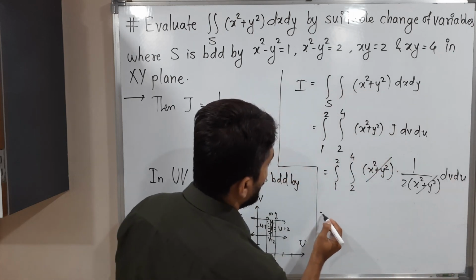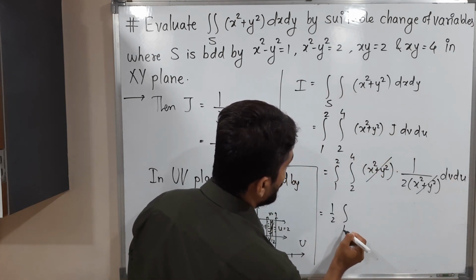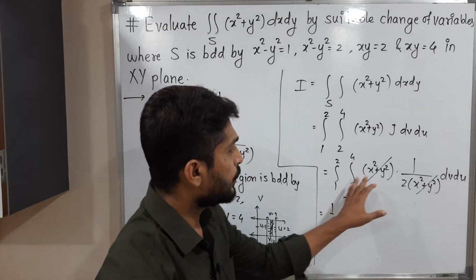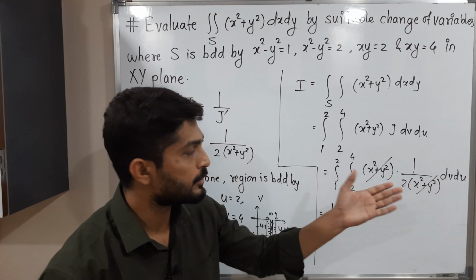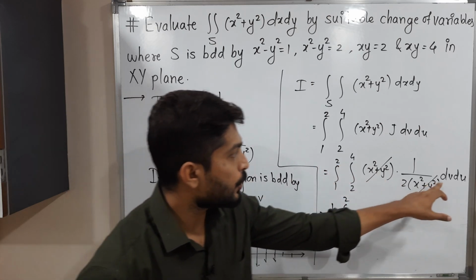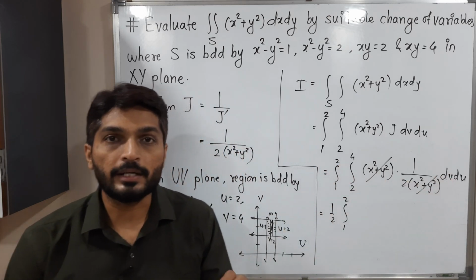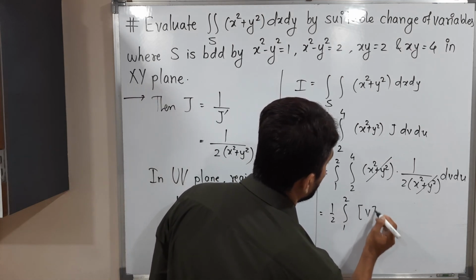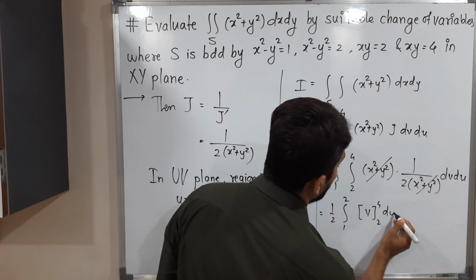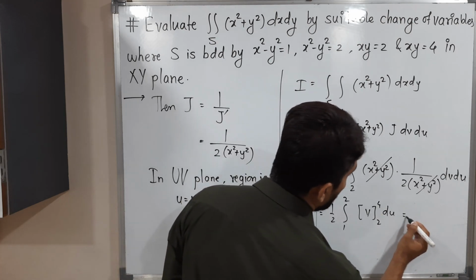Okay, so let us solve. 1 by 2 is constant, it will come outside, 1 to 2. So only dv is left there. Getting? All functions I have cancelled, 1 by 2 is constant and came outside. So only dv is there and we have to write its integration. Integration of dv is v, 2 to 4, du. Okay, so let us use this space. I will write here.